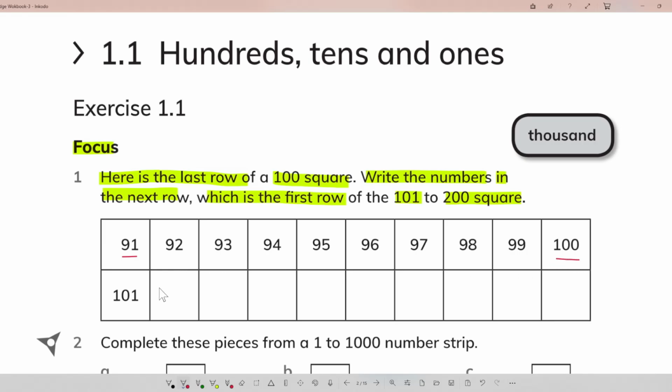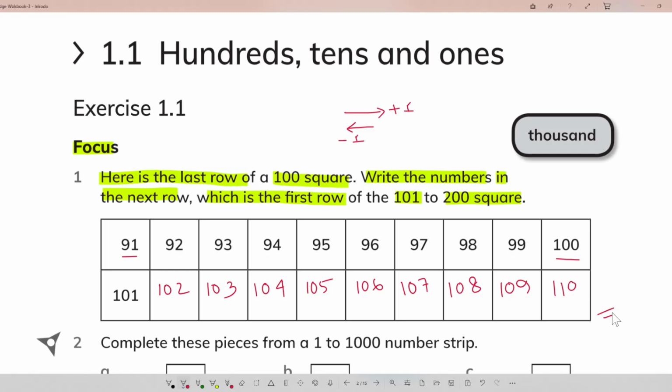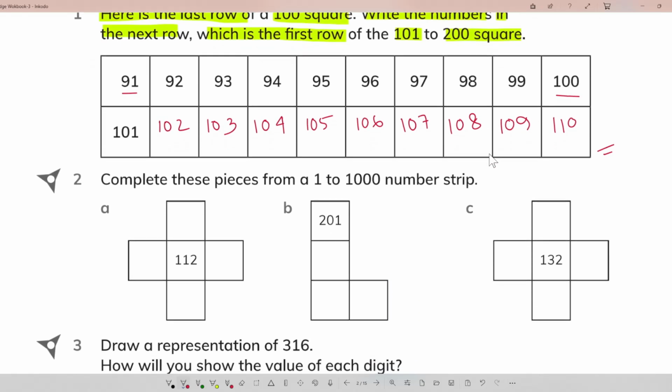Usually, once we go right we increase by 1, and once we go left we decrease by 1. So here is 102, 103, 104, 105, 106, 107, 108, 109 and 110. Okay, so first one done.